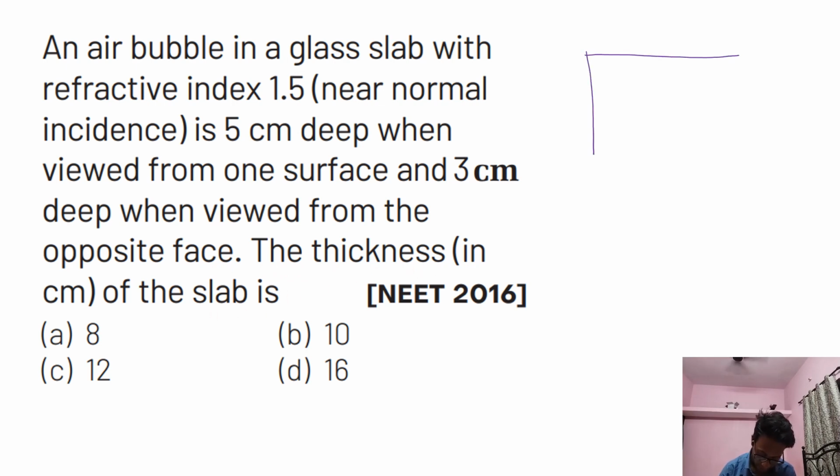The question is saying there is a glass slab, and there is an air bubble inside the slab. When an observer is looking from out here, the image appears to be 5 cm deep. So for plane surface 1, can I say V by U is equal to mu R by mu I?